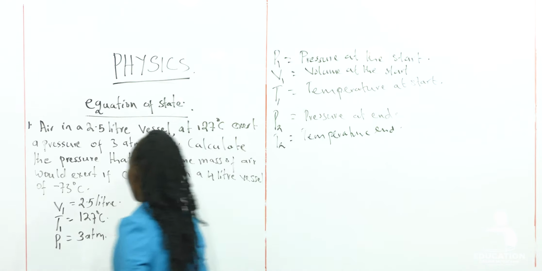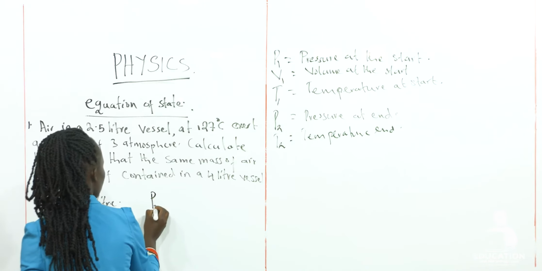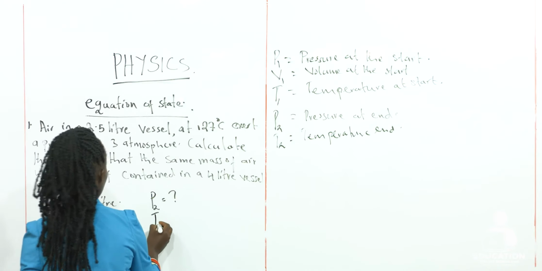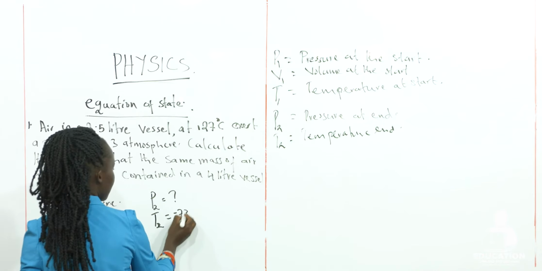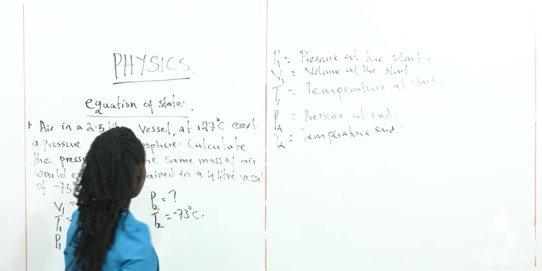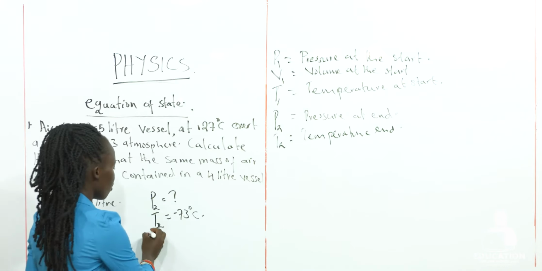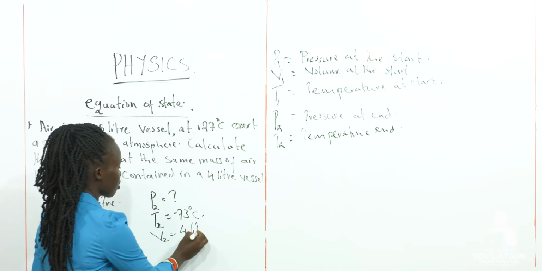So we are saying our pressure 2 is what we don't know, when the temperature introduced there is negative 73 degrees Celsius, and the volume of the vessel is 4 liters.